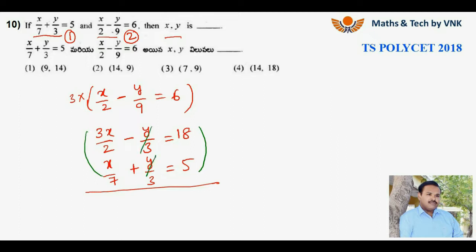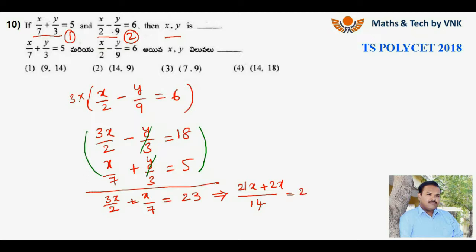So now this is 3x by 2 plus x by 7 is equal to 23, which becomes, by taking the LCM, 2 sevens are 14, so this is 14, then 3 sevens are 21, 21x plus 2x is equal to 23.